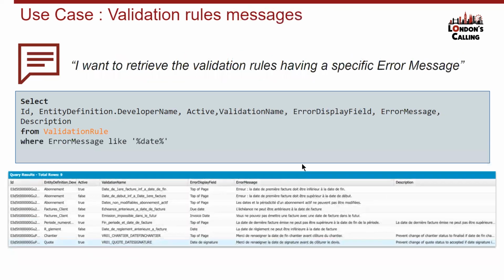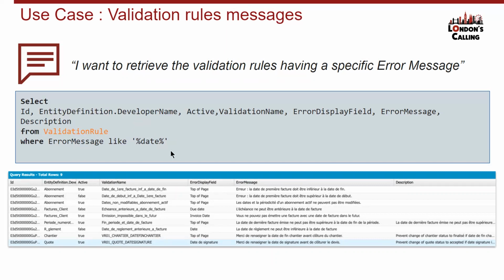And the other thing that I really use a lot: if you have an error message displayed on the screen, sometimes you don't know where the error message is coming from. You know it's a validation rule, but you don't know which validation rule has been triggered. If you want to find the validation rule, you just use this query and put in the where clause the error message like, and here you put the error you have on the screen. Then you will see which validation rules contain the message you have on the screen.